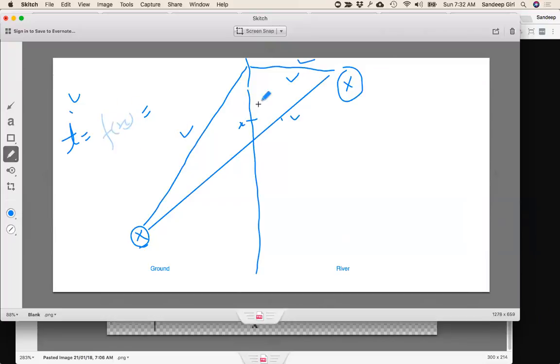If you want to find the optimum point to which you would like to walk and then swim, you compute dt/dx and equate it to 0. Here you'll find the x value, and this way you'll be able to save somebody quickly.